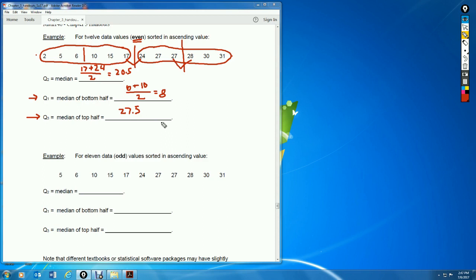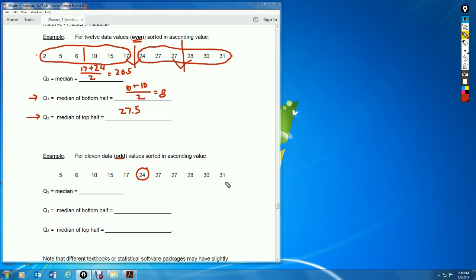All right, so just to make sure we're clear, let's go through another example where we have an odd number of data values. So now we only have 11, so that's like having 5 on the bottom, 1, 2, 3, 4, 5, this is exactly in the middle, and 1, 2, 3, 4, 5 on the top.